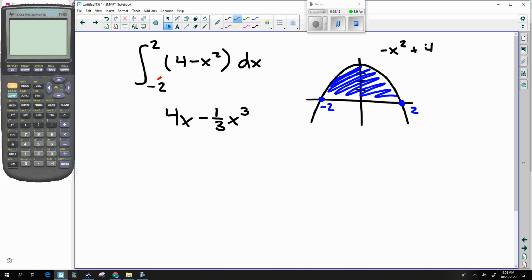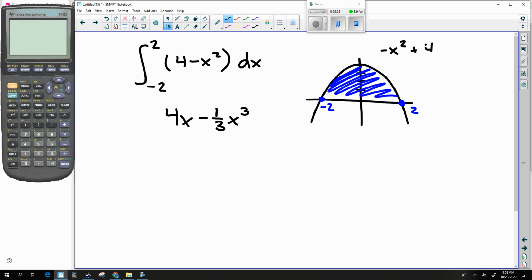If these numbers weren't here, you would say plus c, and that would be the indefinite integral. But because we are defining where it begins and ends, this is a definite integral, as opposed to an indefinite integral.